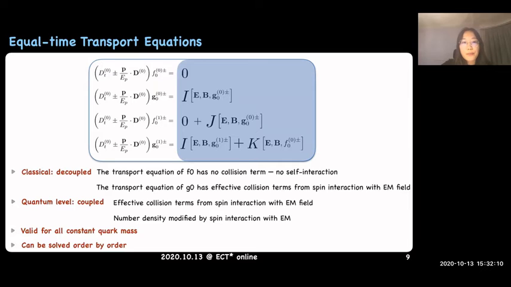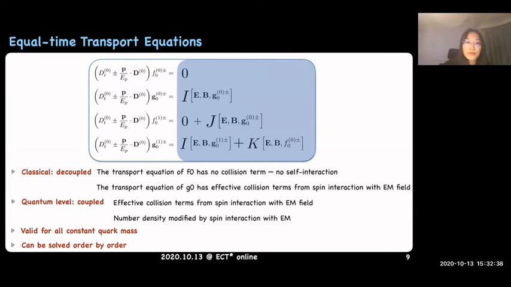And at classical level, there are already effective collision terms, which stand for the interaction of the electromagnetic field with the spin. And at the first order of ħ, the transport equations of the number density and spin density are coupled together, and they all involve the spin interaction with the electromagnetic field.